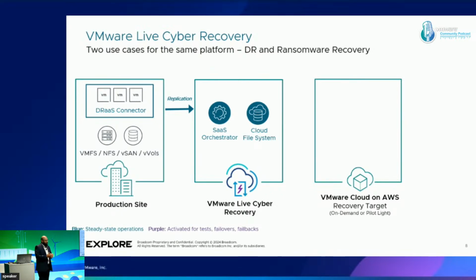Because in the majority of cyber attacks, your local vCenter or your infrastructure gets encrypted or corrupted. So it's very important that your orchestration be outside of your production site. You have an orchestrator in the cloud and all your cloud file systems, the S3 buckets, in the cloud.